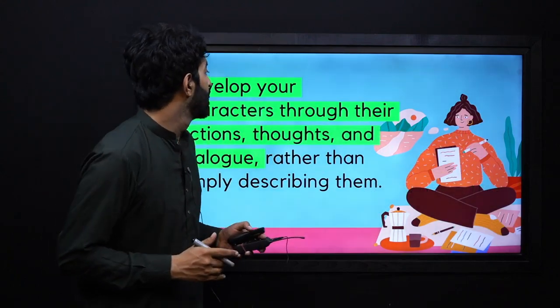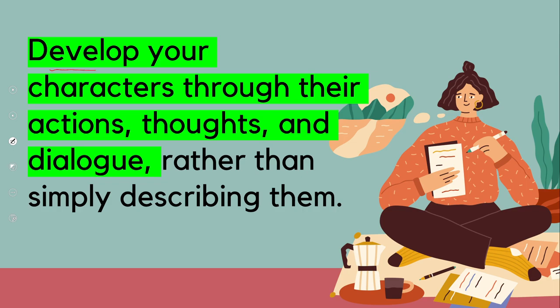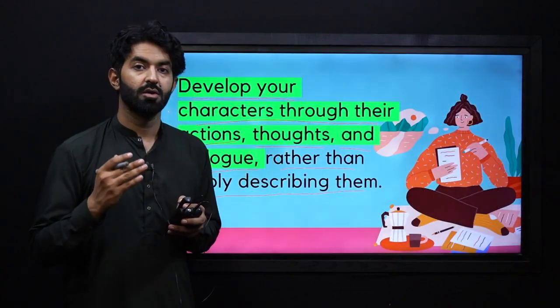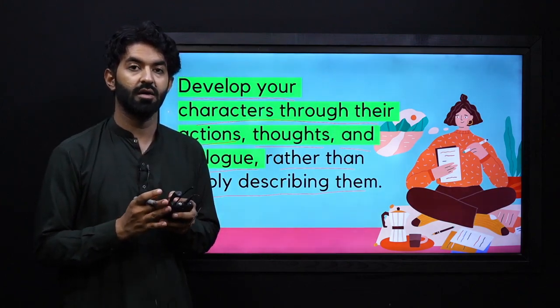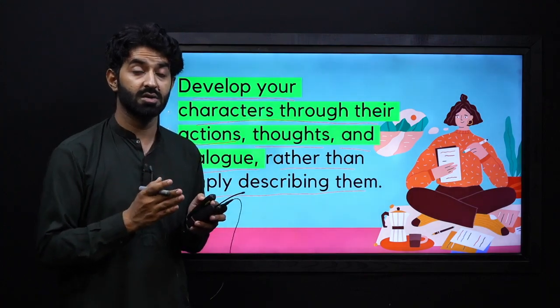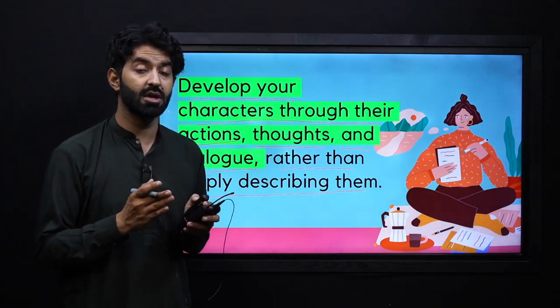Now, the next one is to develop your characters through their actions, thoughts, and dialogues rather than simply describing them. You will be using the details and traits of the characters if you're writing anything in the fictional form of descriptive writing.